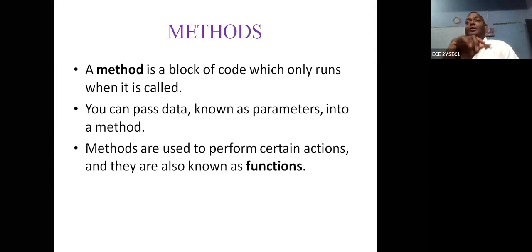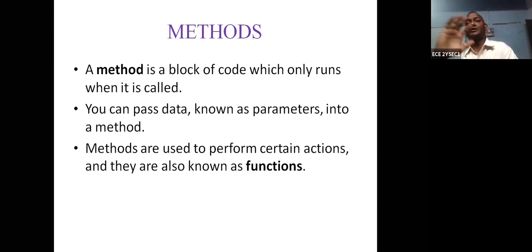Okay. So how to call the subprogram? By passing the arguments, by passing the parameters. The parameters may be either an individual data type or a combination of different data types.